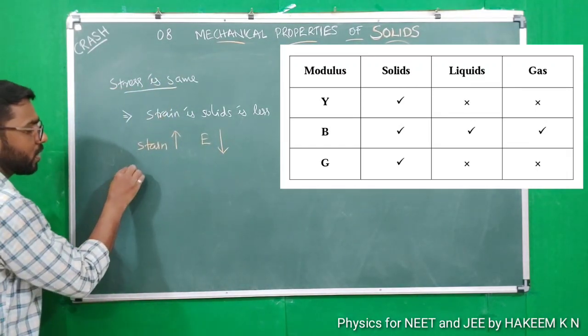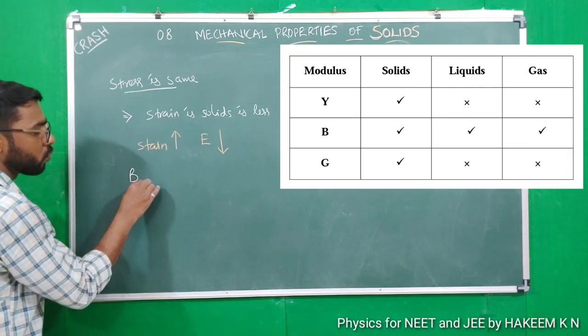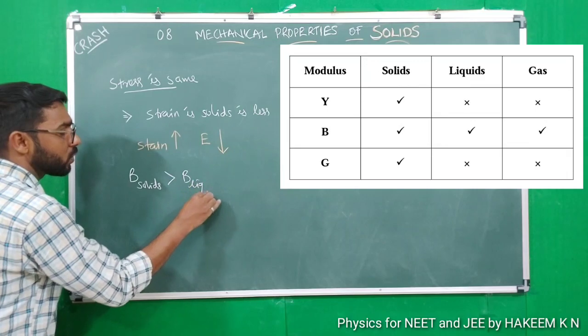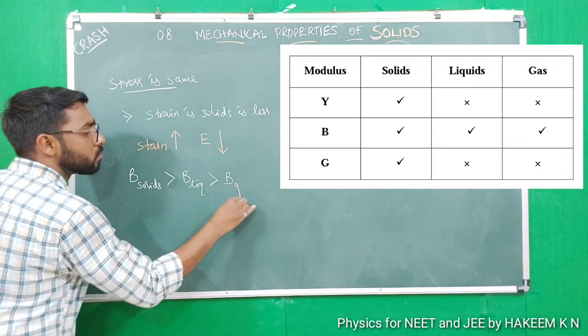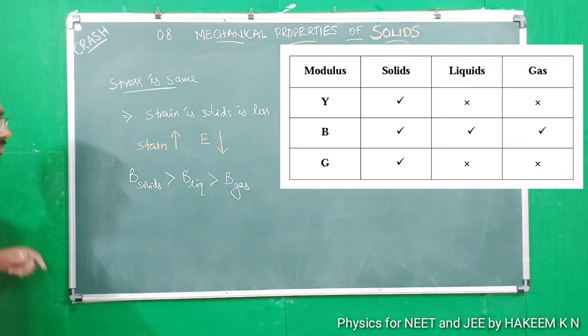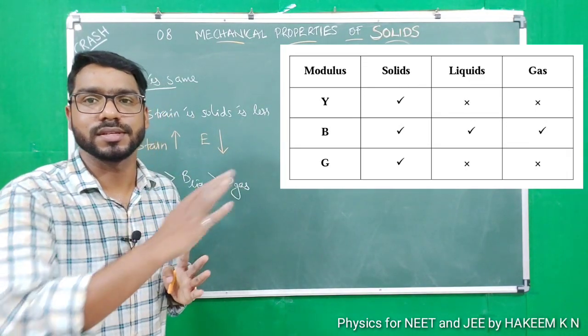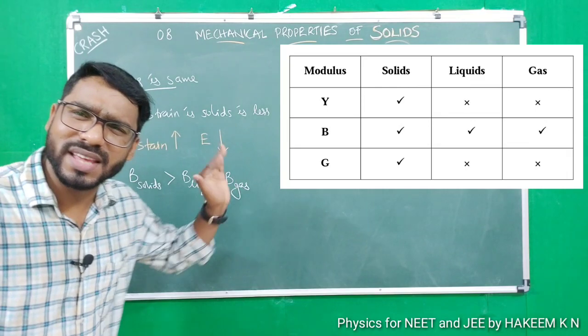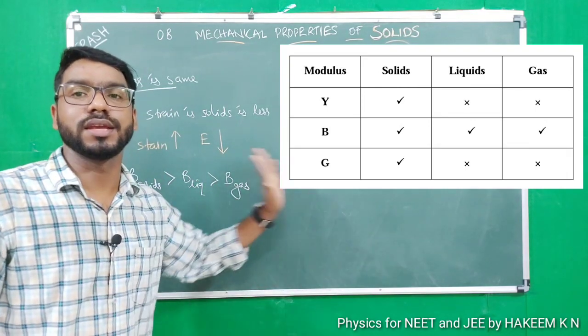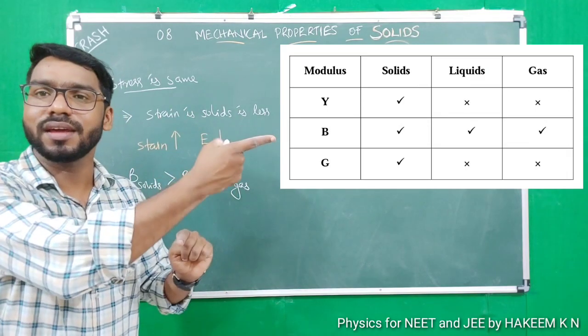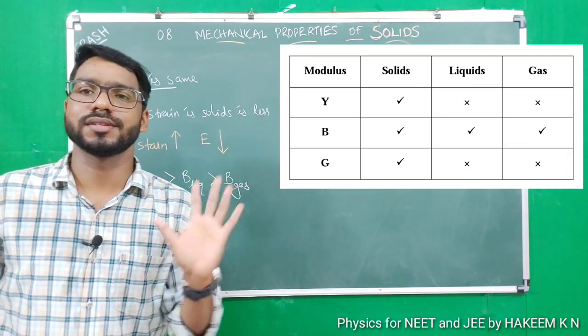So we can say bulk modulus of solids is greater than bulk modulus of liquids, which is greater than bulk modulus of gas. Solids are more elastic than liquids and gases. Gas is less elastic than liquids and solids. Water is more elastic than air because water is liquid and air is gas.